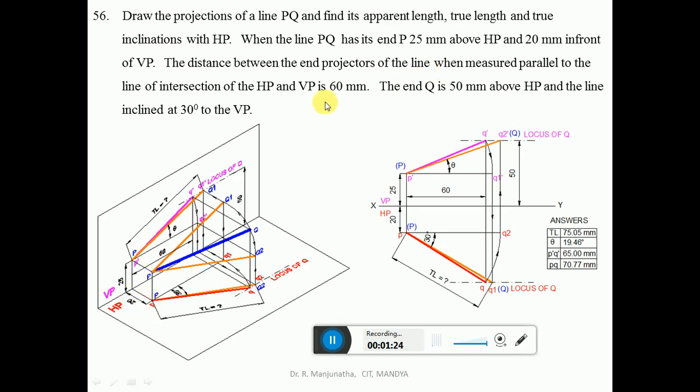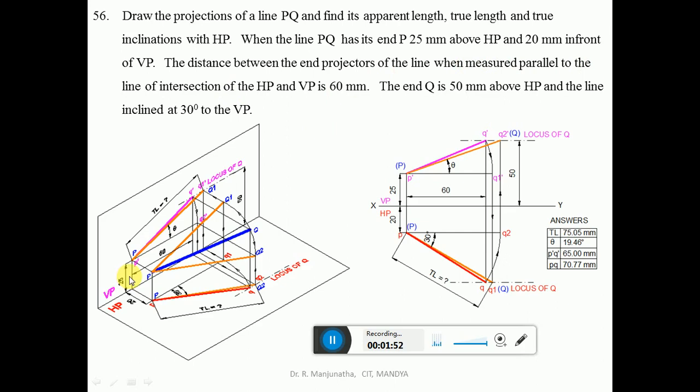Now similarly, the end Q is 50 mm above HP. So from the XY line you measure 50 mm above HP and draw a horizontal dash-dot line, which will be the locus of Q in the front view. The distance between the end projectors, measured parallel to the line of intersection of HP and VP, is 60 mm.